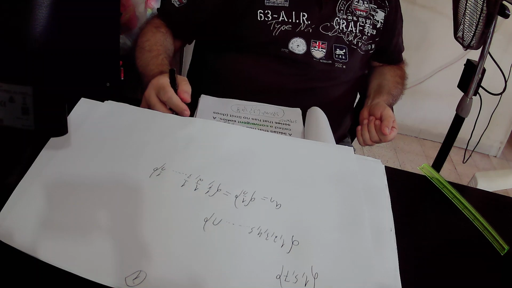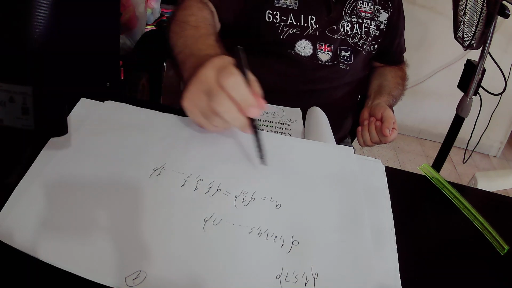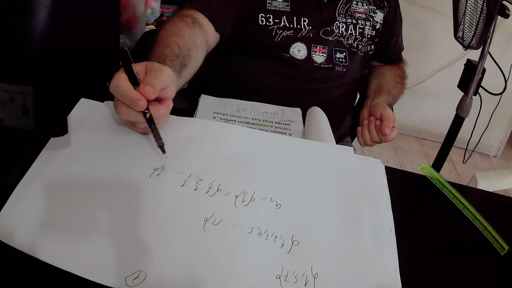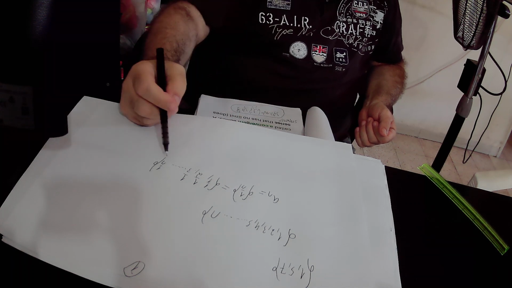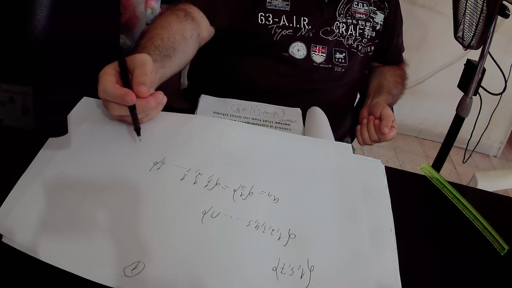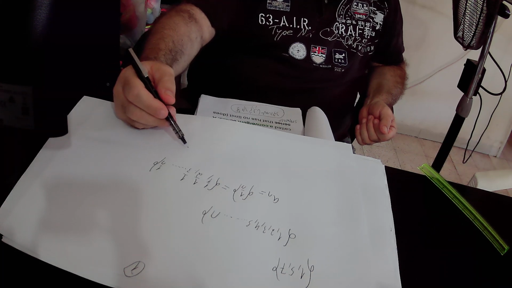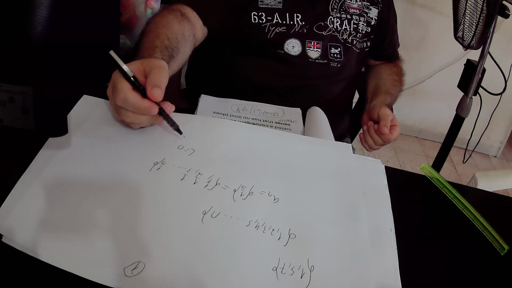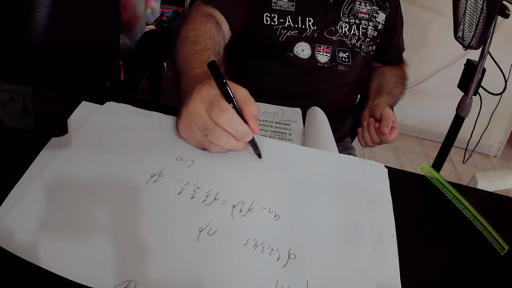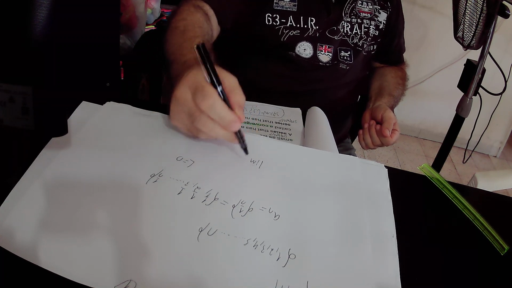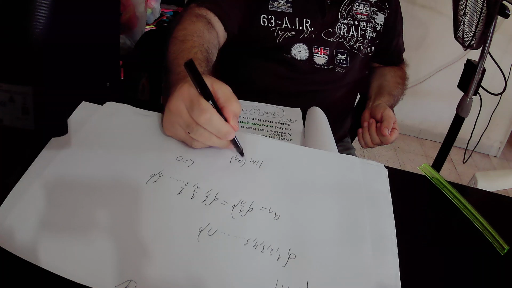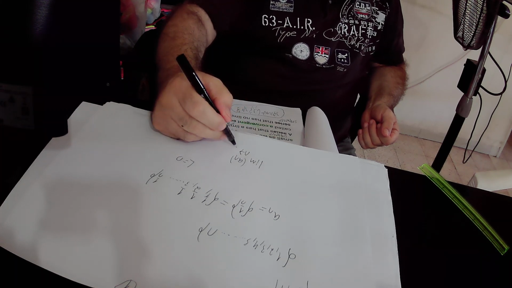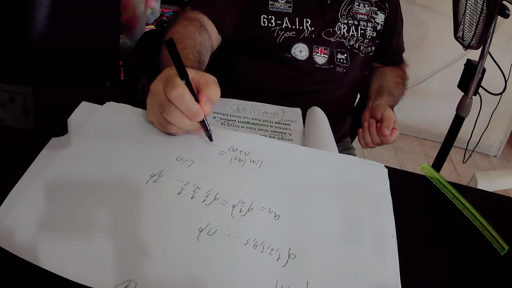And as you can see here, the members of this sequence are getting closer and closer to 0. And therefore the limit of this sequence will be equal to 0. That is to say, L, the limit of this sequence, is 0. Or we can write that lim an, when n tends to infinity, equals 0.